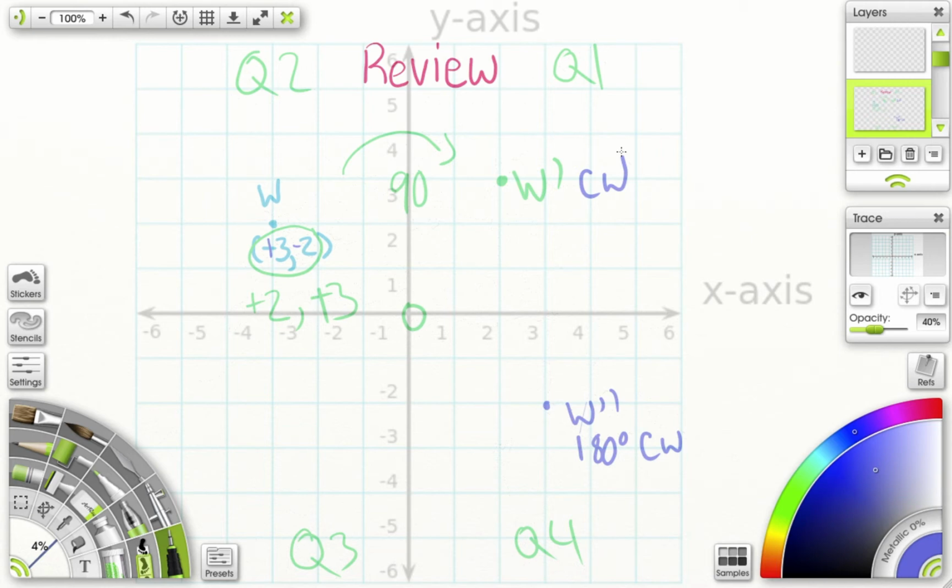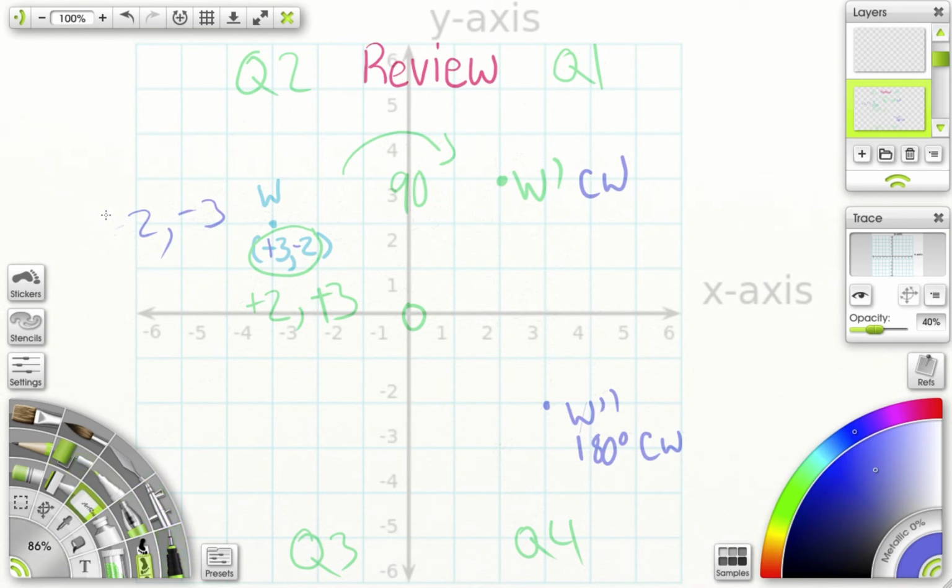Now for 270, the same rule applies as 90. We have to reverse these two integers, so it becomes 2, -3. However, instead of making this number positive, the first number becomes negative. So this stays -3, but this becomes a -2.